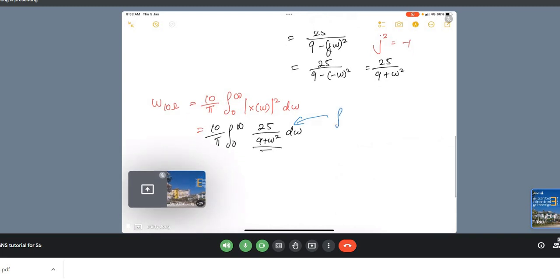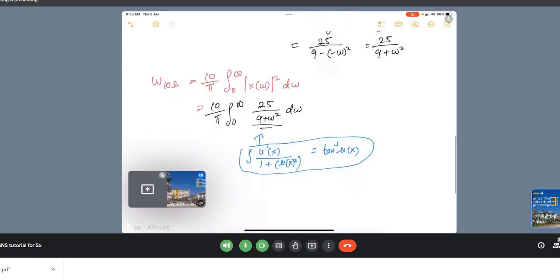Let me write it here. The integral of u prime(x) divided by 1 plus u(x) squared is equal to the inverse tangent of u(x). Okay, this is the formula.